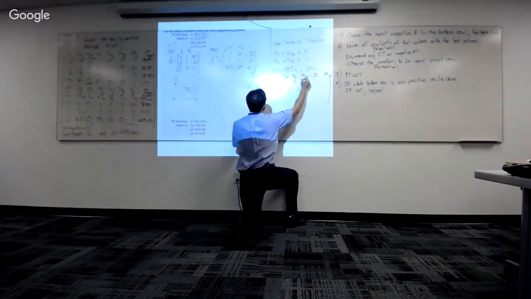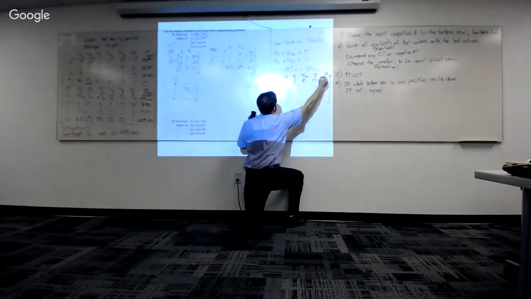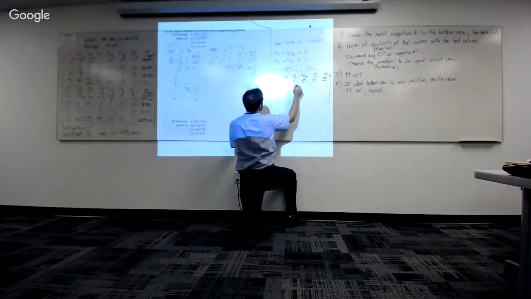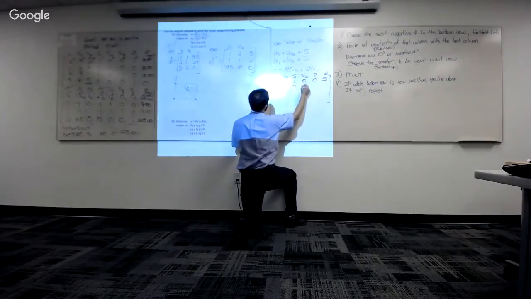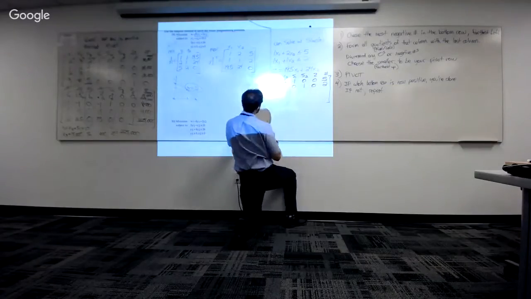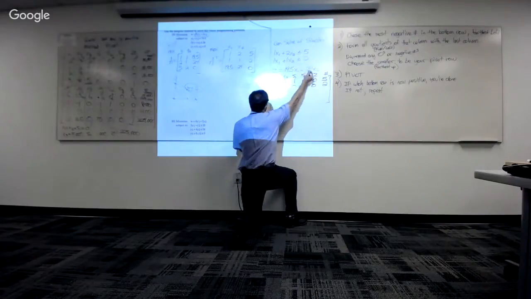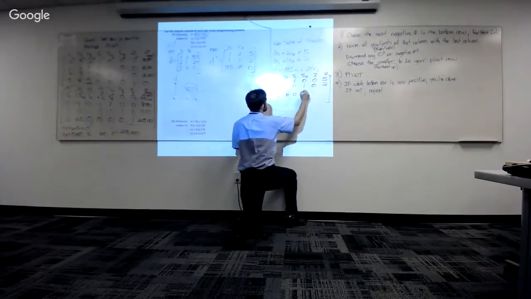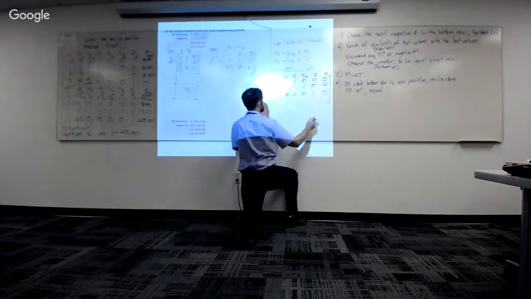We're going to use the slack variable, but not that one or that one, and that's equal to 5. Our second constraint is 1, 1. We're not using the first slack variable. We are using the second slack variable. We're not using z, and that's equal to 2. And then our objective function, remember we just moved both of those terms to the left. They both become negative. So now negative 19.5, negative 24, 0, 0, 1, 0.